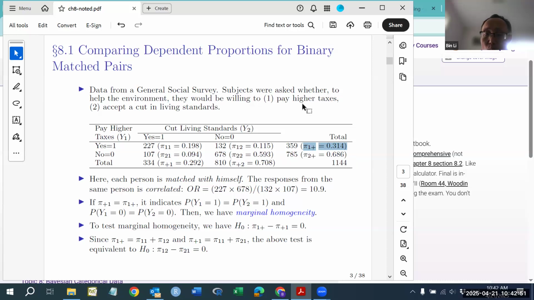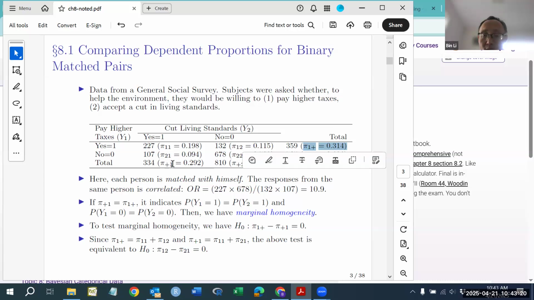Pi 1+ equals pi 1,1, that's the proportion answering yes for both question 1 and 2, plus pi 1,2. Is that right? Pi 1,2 is answering yes for the first question, but no for the second. By adding these together, that's the proportion of subjects answering yes for the first question, right?